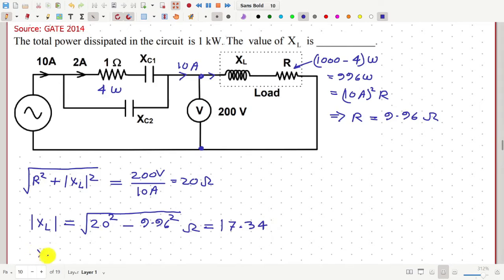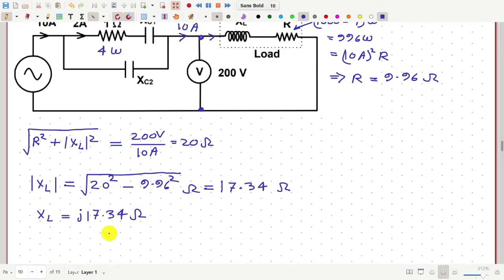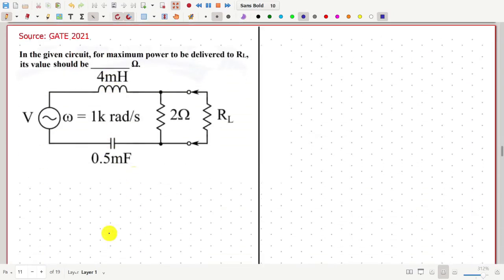So XL will be equal to j 17.34 ohm, because this is an inductive impedance. So this is the answer. Now let's move to the next question.